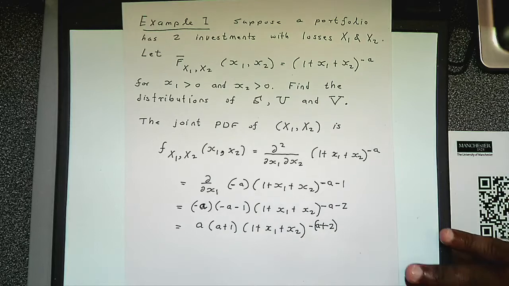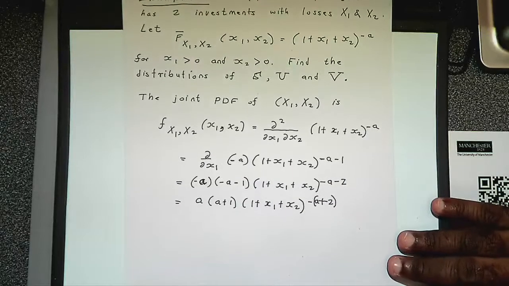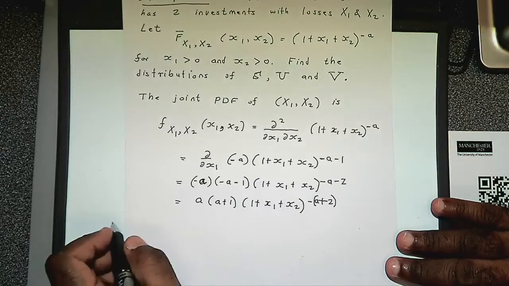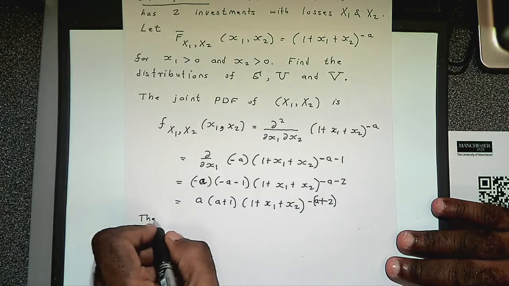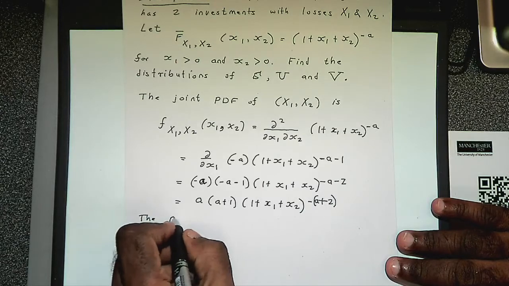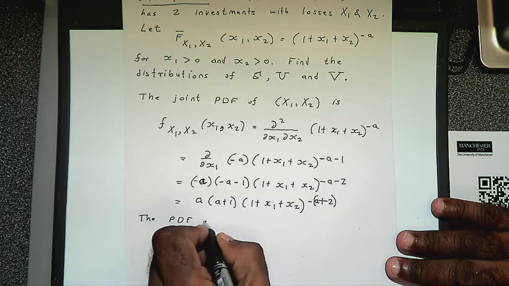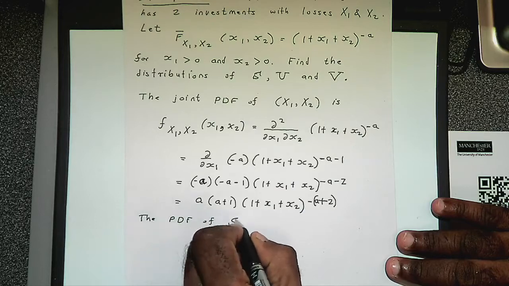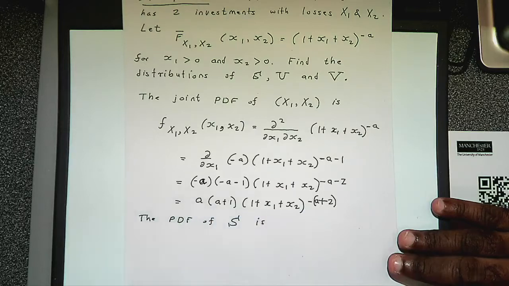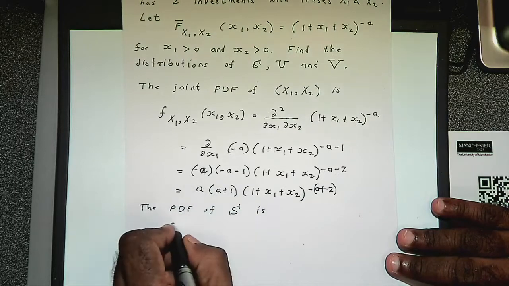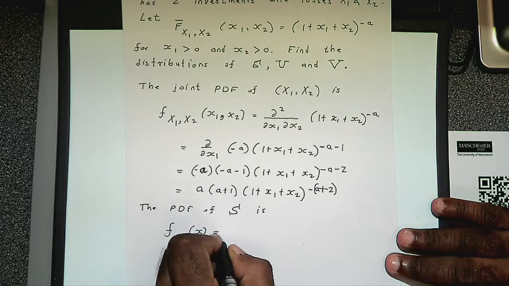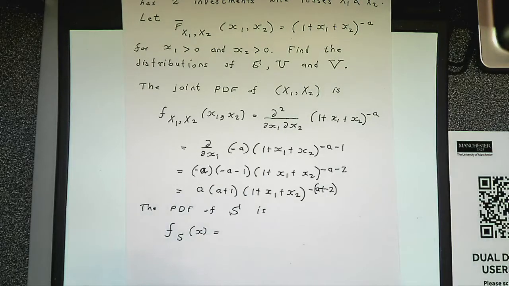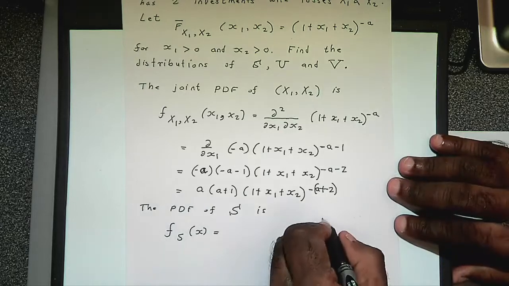Now, in order to find the joint, or the PDF, the PDF of S. The PDF of S is now. Okay, let me draw you a picture here.